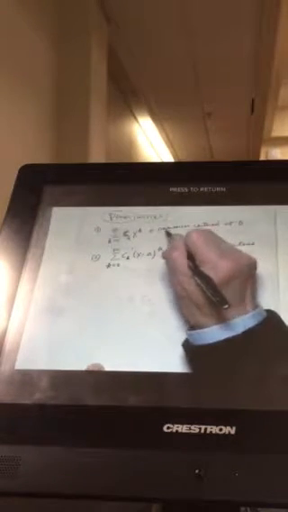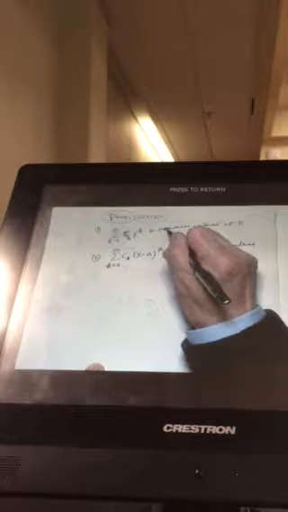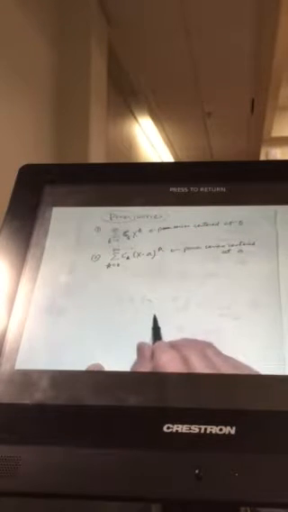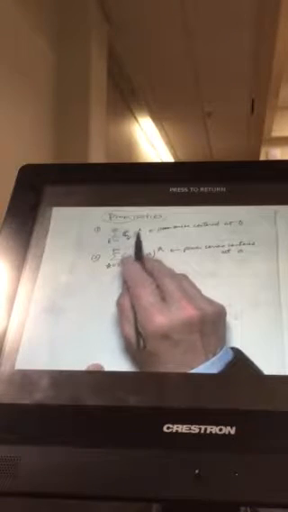Both of these are power series. They are all powers, as you can see, and they are series with infinite sums. So they are called power series.